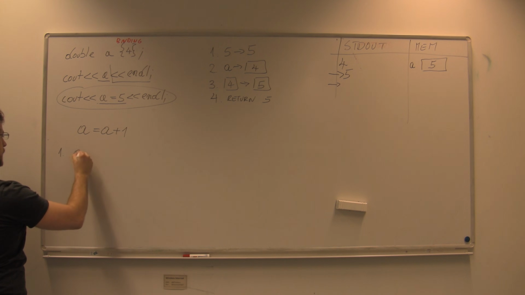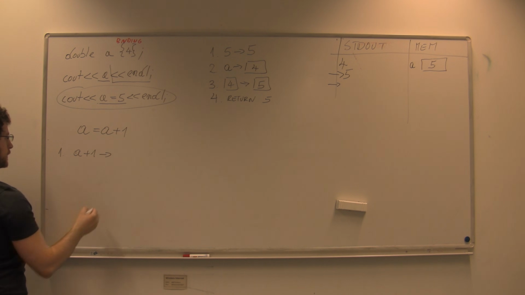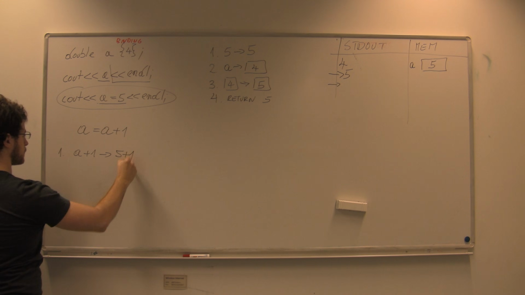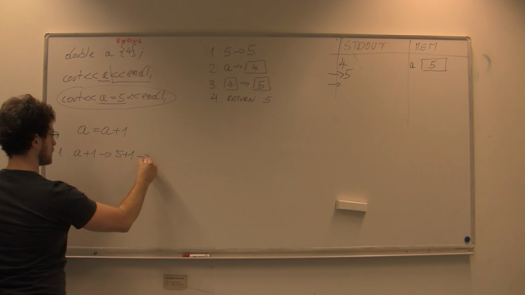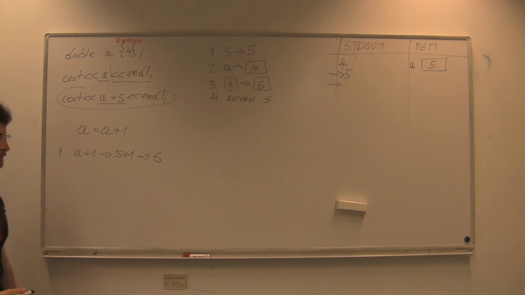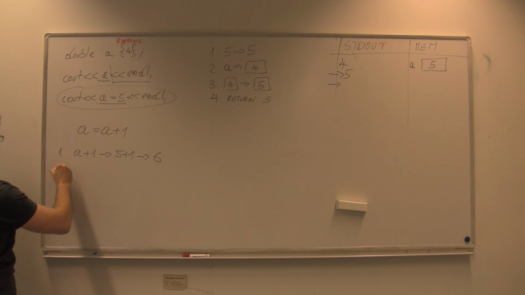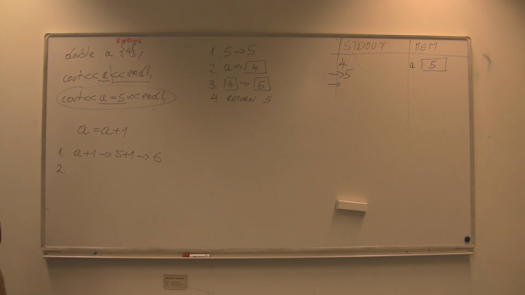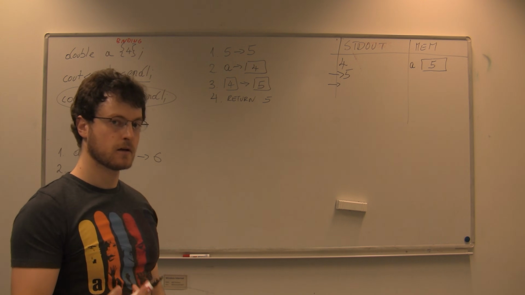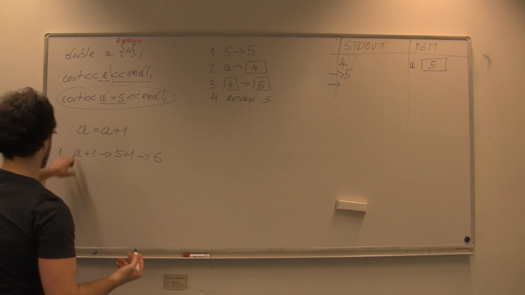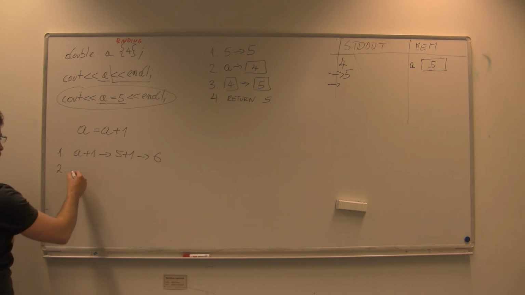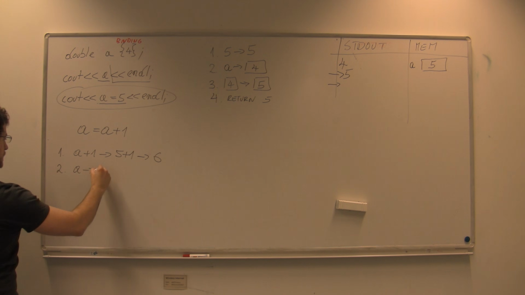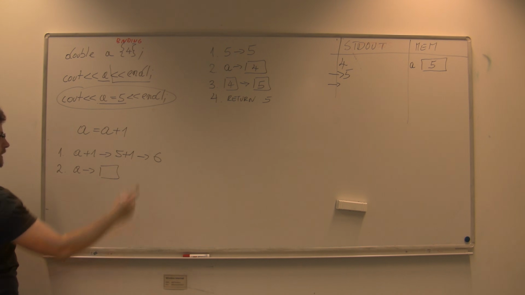So a plus 1 evaluates to 5 plus 1, that's the value stored in the box, and this evaluates to 6. Whereas in the second step, where we need to evaluate the left-hand side of the expression, the value of the variable a will be a different thing, as we've seen. It will be a box. So the a will evaluate to a box containing as its value the number 5.